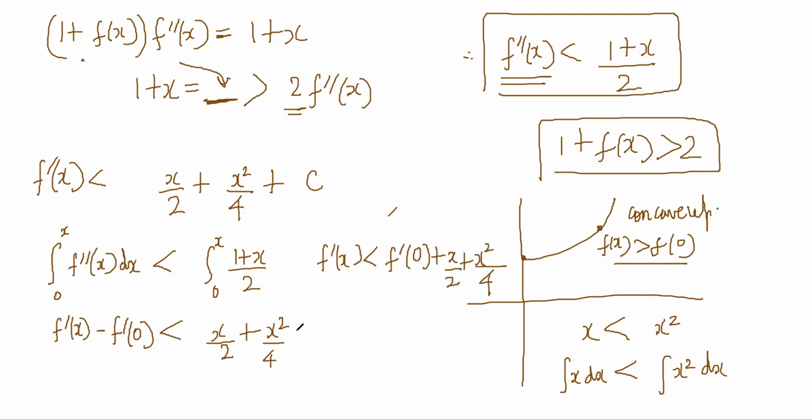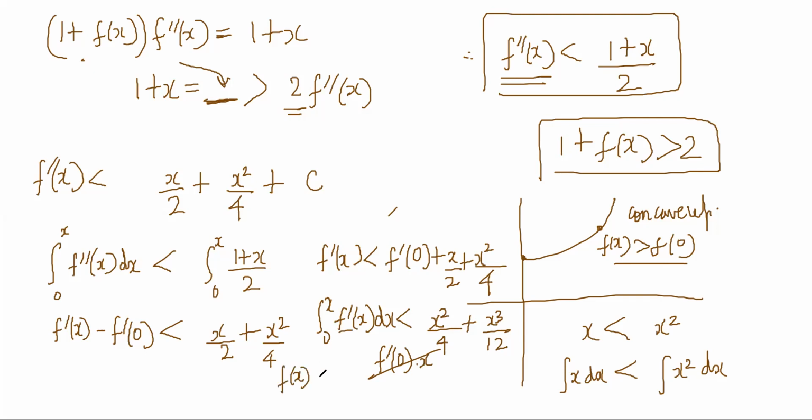And then do one more integration from 0 to x, right? So you'll get less than f dash 0 into x. F dash 0 is 0, so that is anyway gone. So x squared by 4 plus x cubed by 12 from 0 to x. So that is the value. So this one becomes f of x minus f of 0, right?